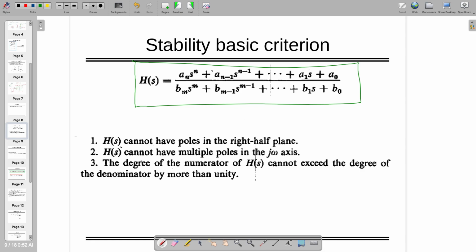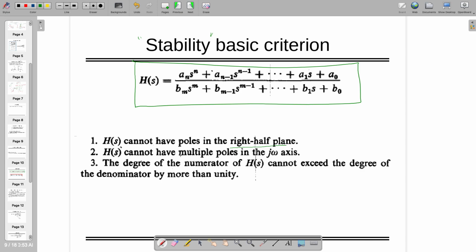This is the basic criterion for stability. I'm writing a few more criteria. If they are in the right half plane, the system is unstable because it's not going towards 0; progressively the output will increase and it will oscillate if it is on the right half plane.